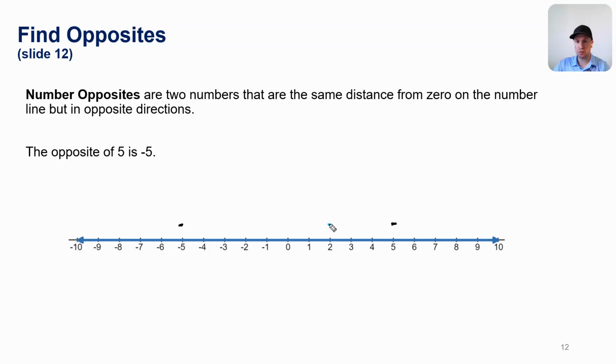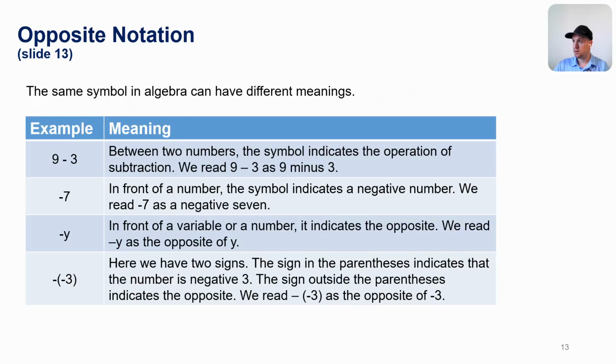Positive 2 and negative 2 are number opposites as well. Now, in algebra, we have something called opposite notation. The same symbol, in this case the subtraction symbol or the negative symbol, can have different meanings depending on the context it comes in.